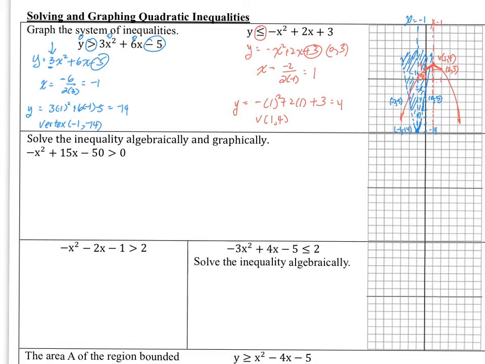And let's test 0, 0 for this one. Yes, and this is a true statement, so we're going to shade downwards. So the intersecting region will be your solution.